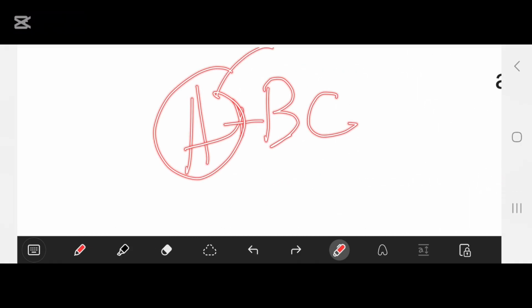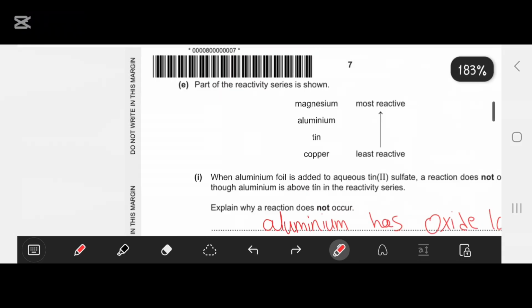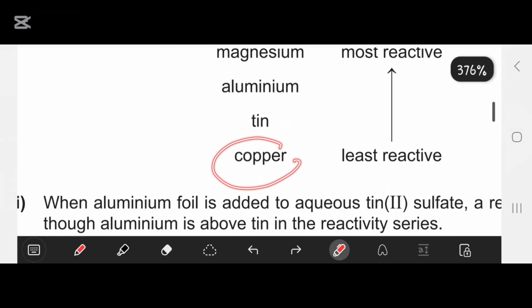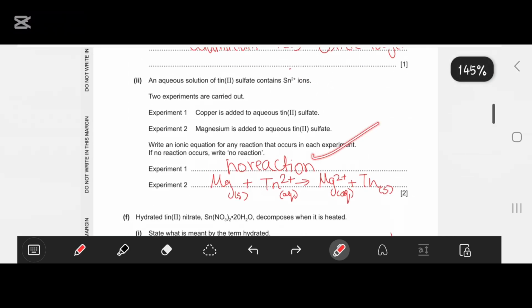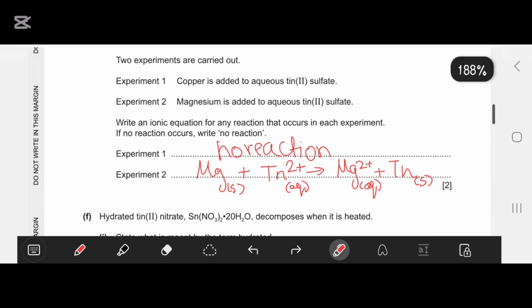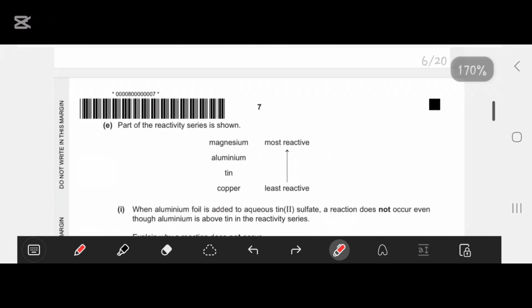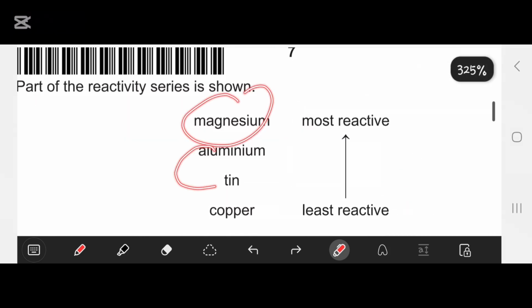For example, we have A reacting with BC. If A is more reactive than B, it will take the place of B. Copper is less reactive, so no reaction will be carried out. No reaction. What about magnesium? Magnesium is added to tin sulfate solution. Look, magnesium is more reactive than tin.